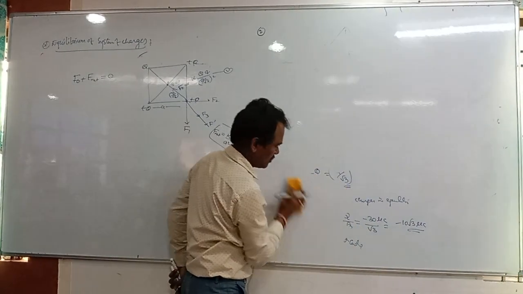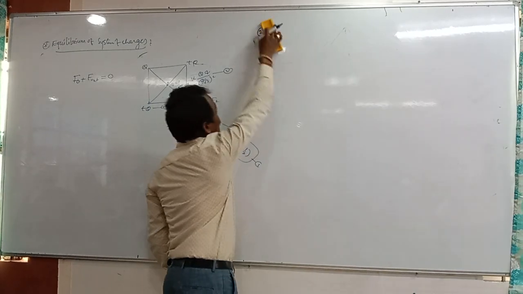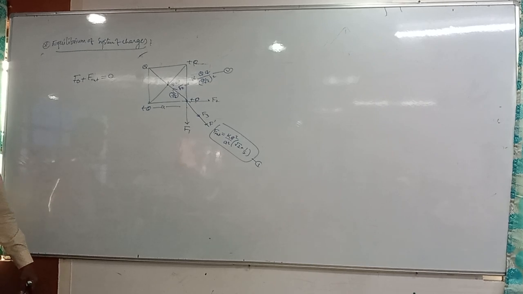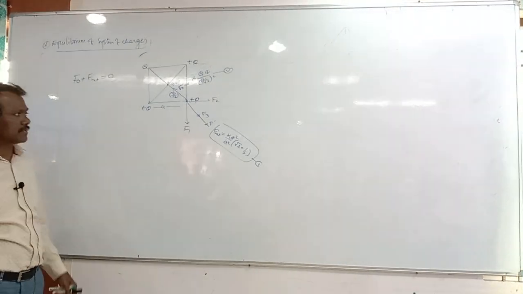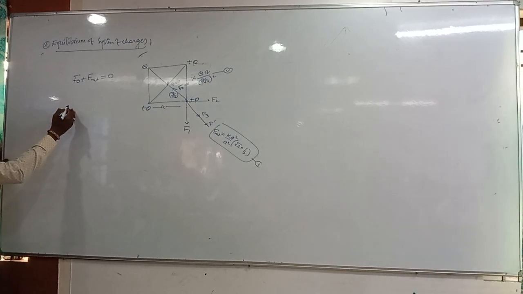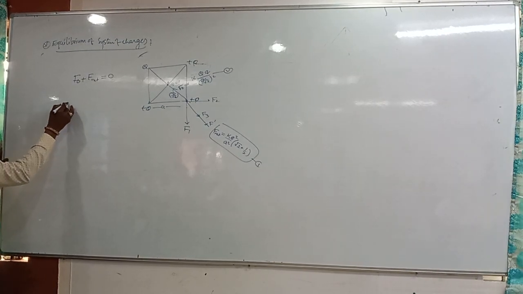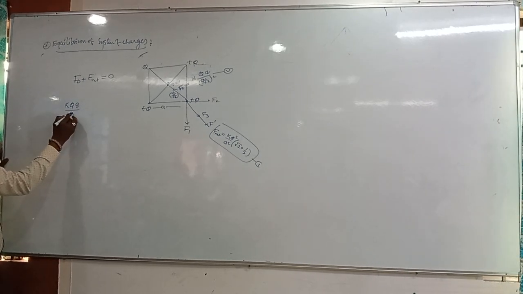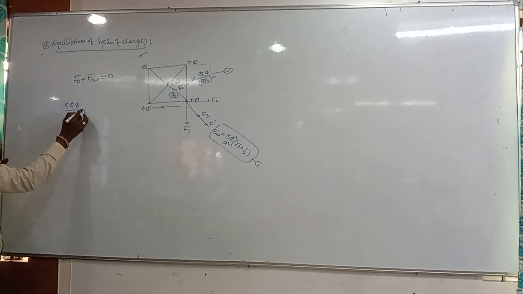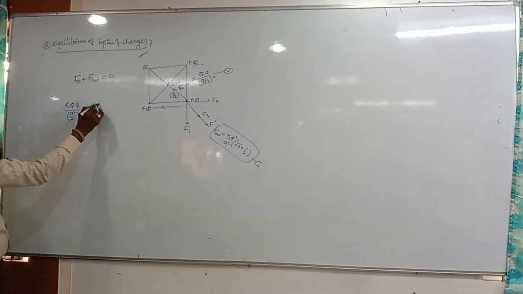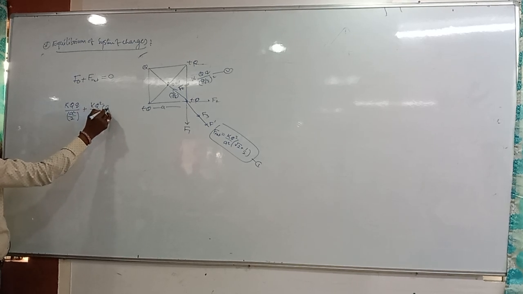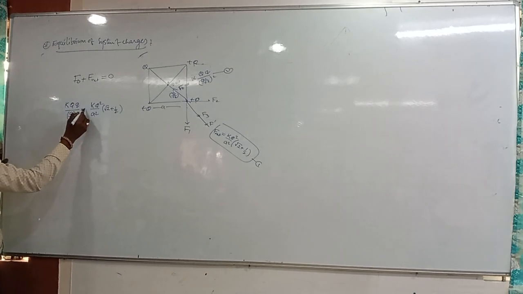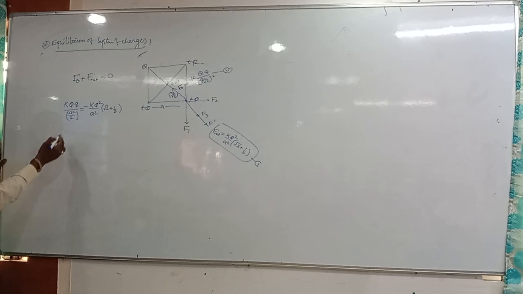Yes, F naught is K Q q divided by A square by 2, plus K Q square by A square, root 2 plus 1 by 2, is equal to, you just keep the negative sign, isn't it?